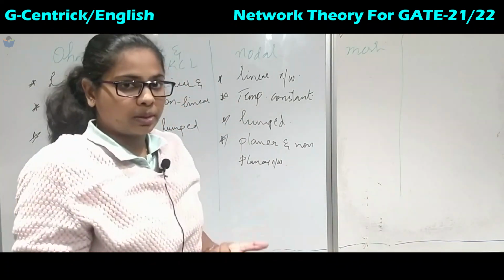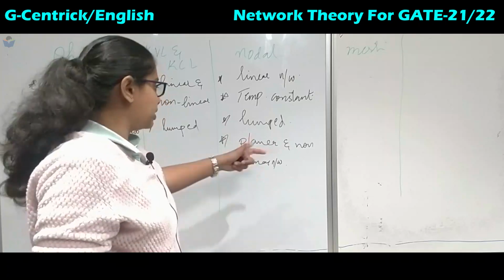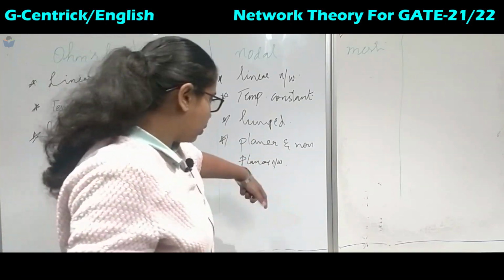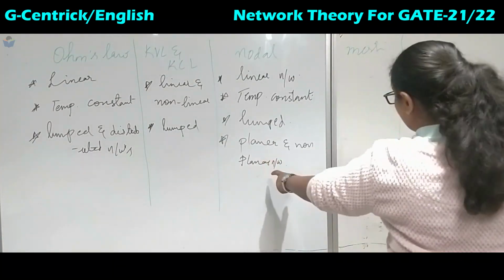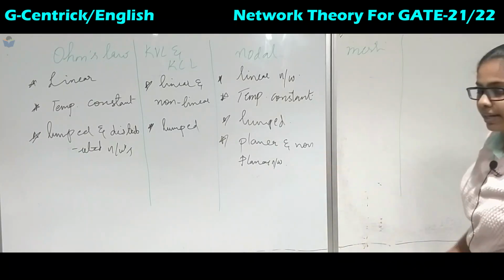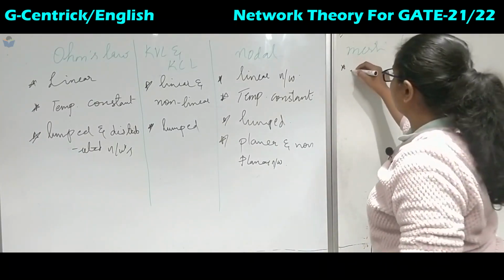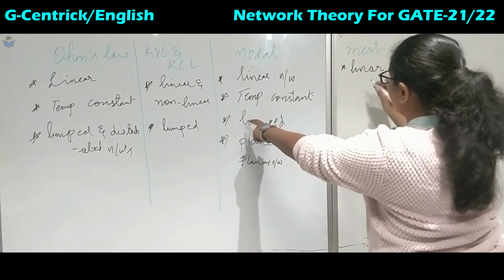We have seen what we mean by planar and non-planar: planar is a 2D network and non-planar is for 3D networks.